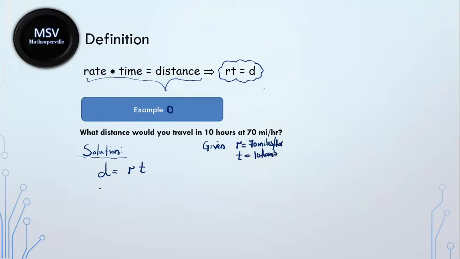So if we apply the formula, we just plug in the quantities given. So 70 miles per hour times 10 hours. And so this gives us the distance to be 700 miles. So moving at the speed of 70 miles per hour for 10 hours means you cover a distance of 700 miles.